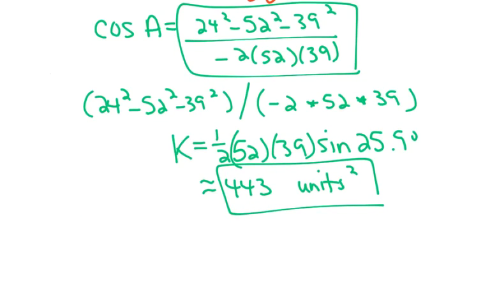However, there's another formula for finding area if you're given 3 sides of a triangle. It's called Hero's or Heron's formula, depending on what textbook you're looking at.